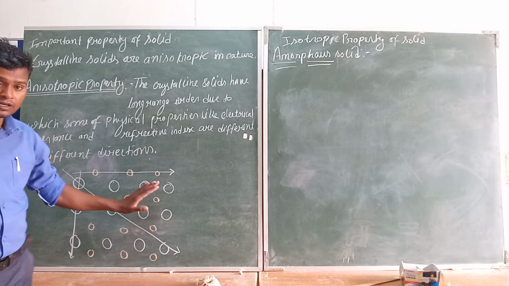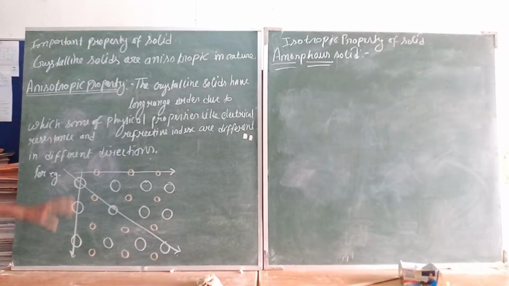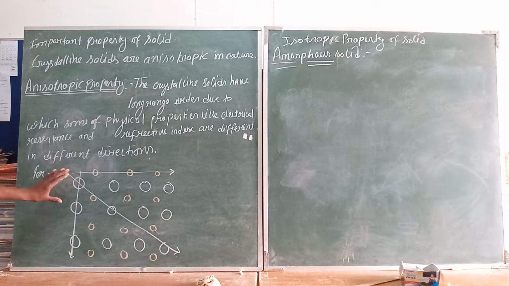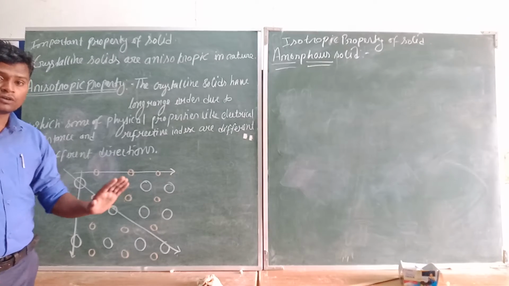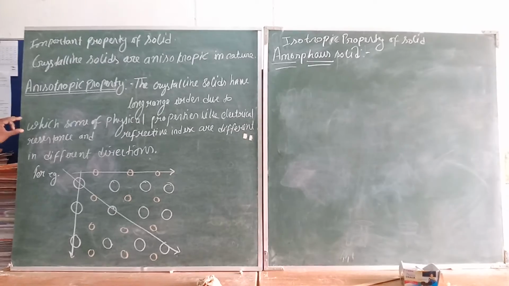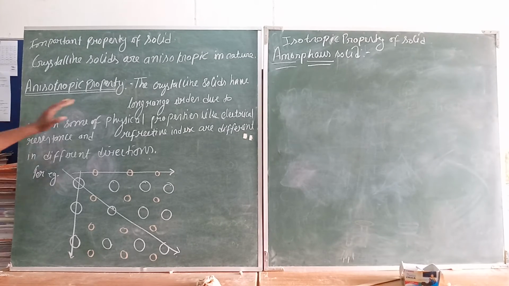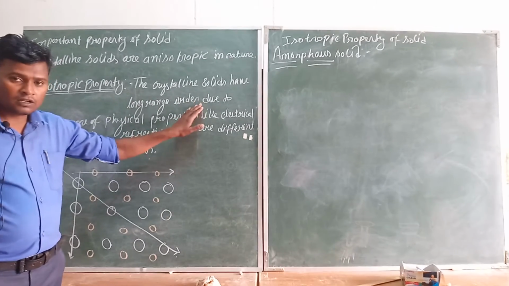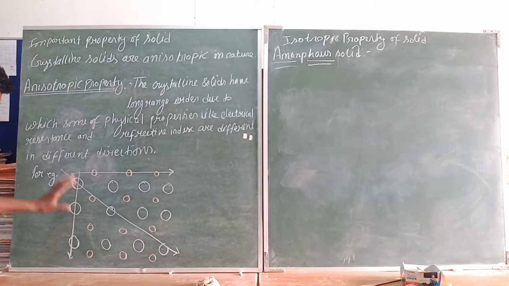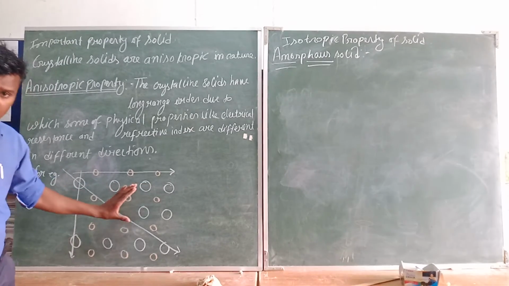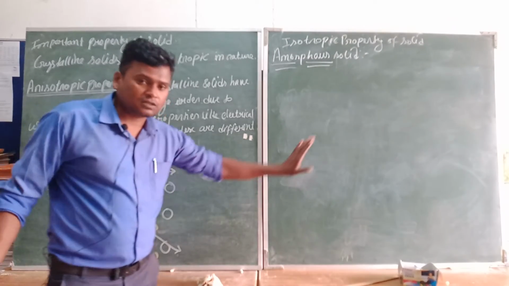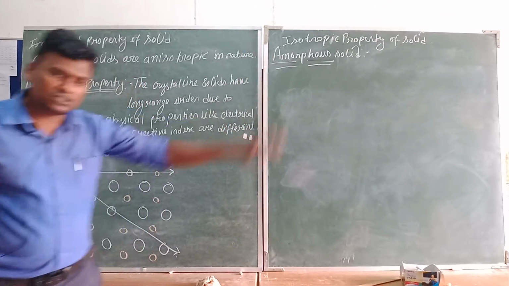It is a solid, but being a crystalline solid, the particles are arranged in a regular and periodic order. So the crystalline solid has a long range order. Long range order means this order is repeated in a crystal up to a long range.